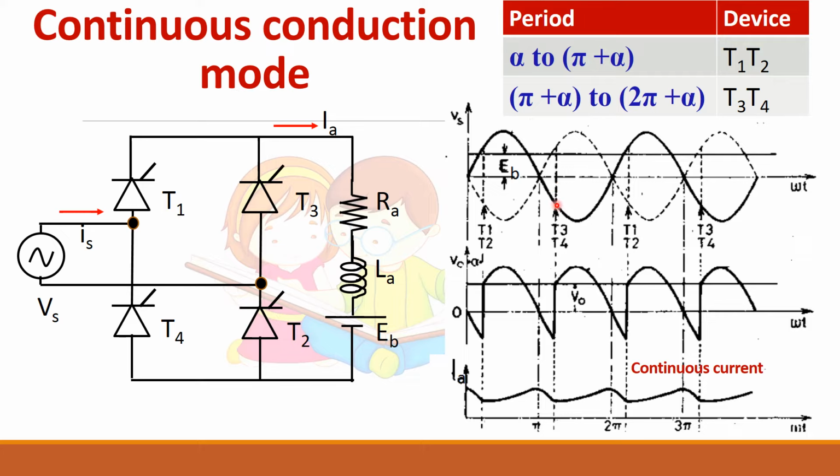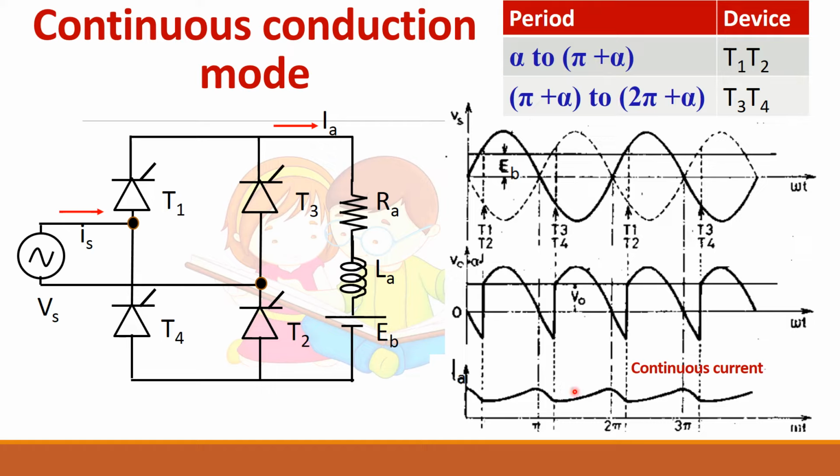At that same instant we give the gate pulse for T3 and T4. T3 and T4 will start conducting from this point to 2 pi plus alpha, so the current will be continuous in this mode.